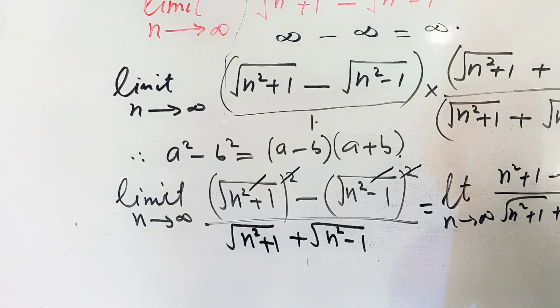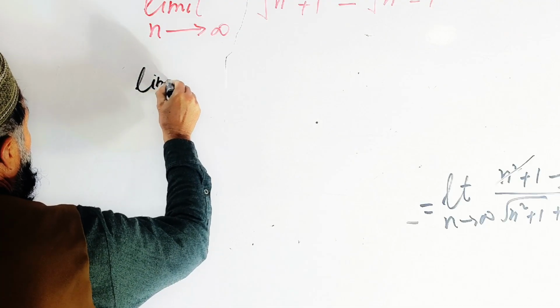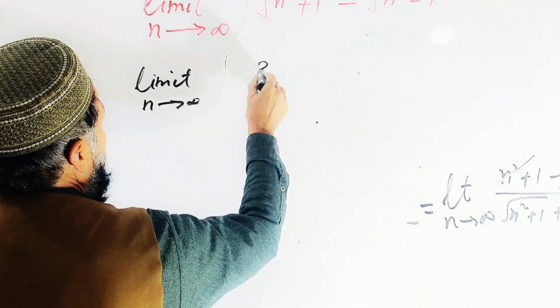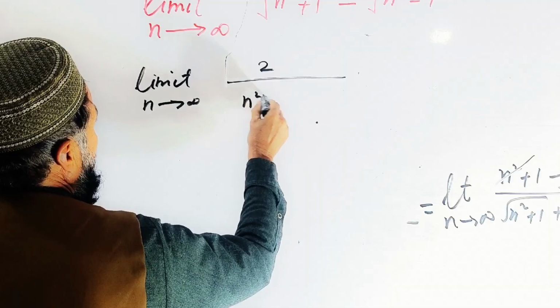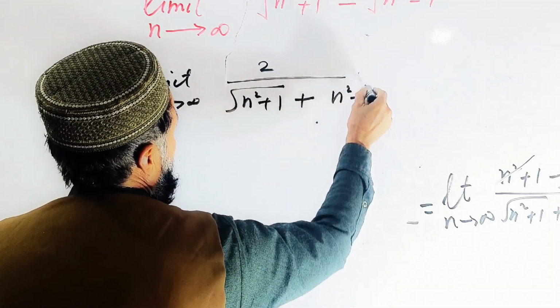So the n squared terms cancel, and we get the limit as n tends to infinity of 2 divided by the square root of n squared plus 1 plus the square root of n squared minus 1.